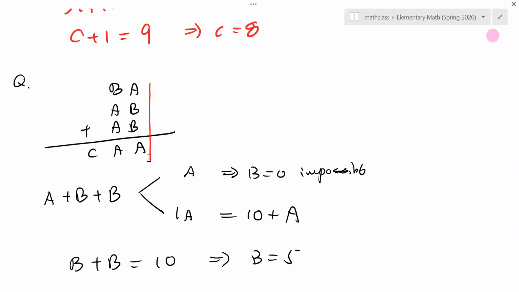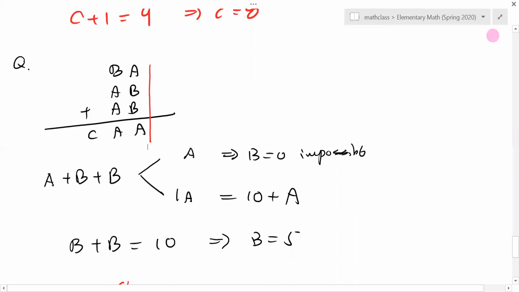Can it be more than 20? Is that possible? It's impossible. Why is more than 20 impossible? Because if you change it from 10 to 20, then you will see that 2B should be equal to 20. It's impossible. B is a digit, and the largest possible value is 9.